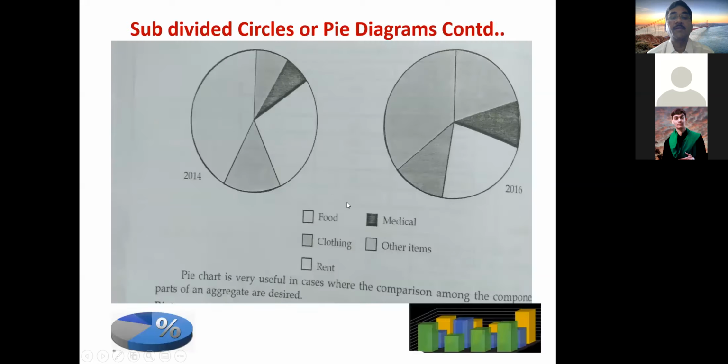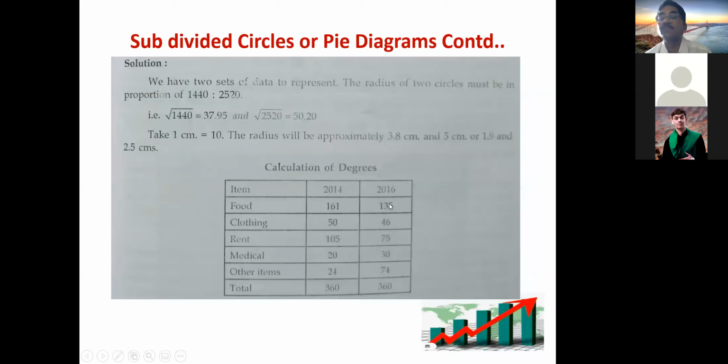Now let us continue like this. For 2014, when you segregate this, this is food, clothing, and rent is given like this. And for 2016, according to the previous table, whatever information is given, on the basis of that, again it has to be put like this, because in the previous table the 2014 values are different and the 2016 values are different.